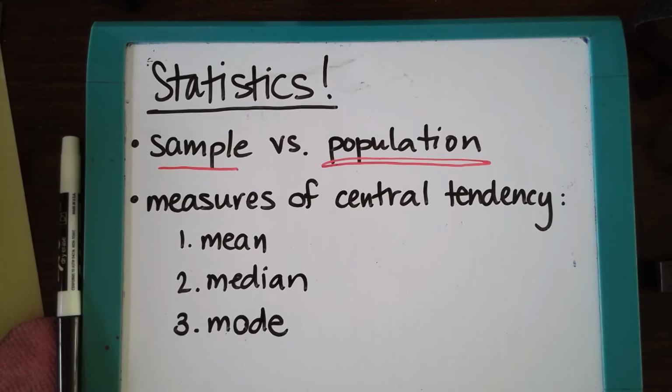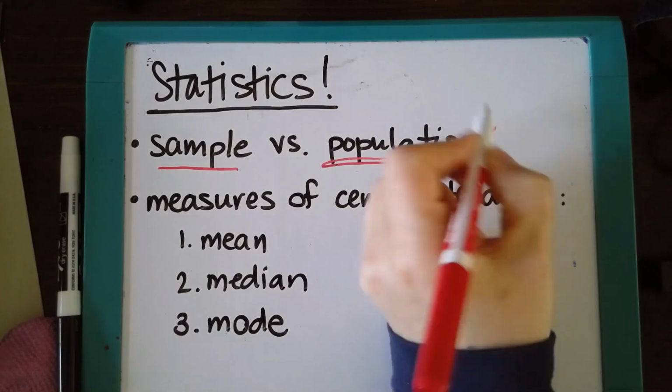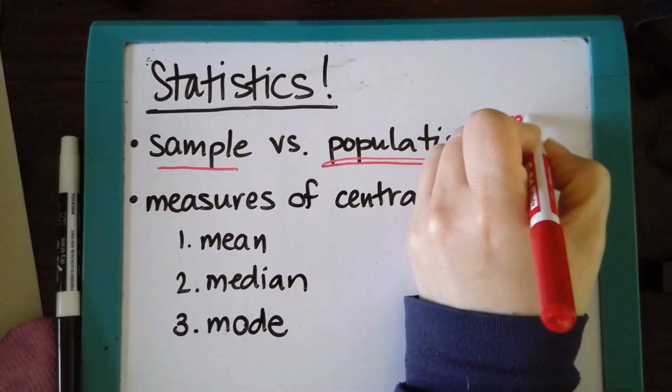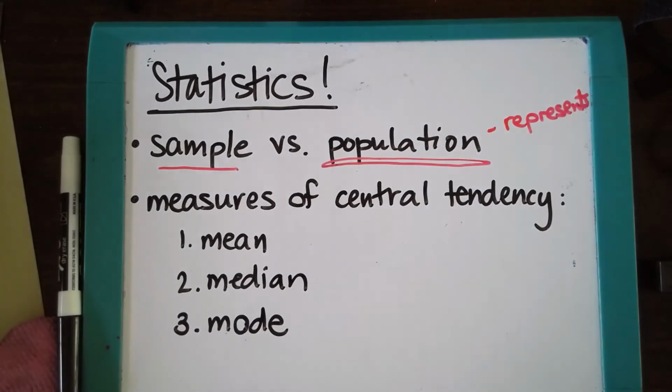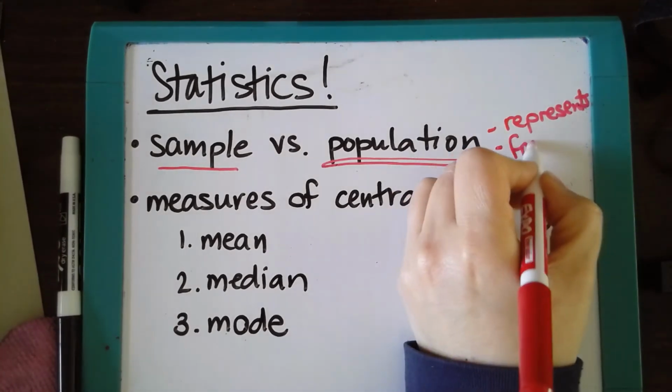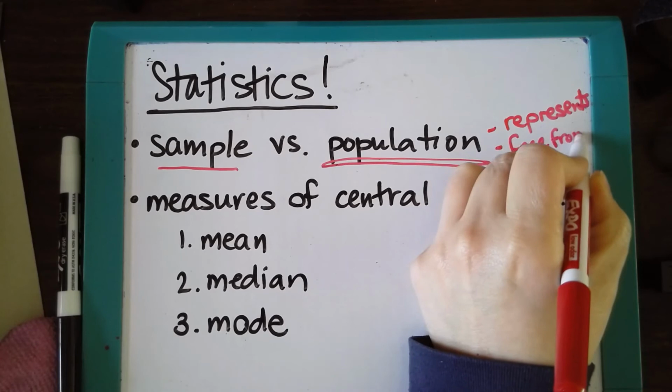Okay, and then from there, if it's not possible for you to gather data on every single element in that population, then you would do some really good math to determine what makes a good sample, and that would hopefully be representative. So your sample would be representative, and we want it to be free from bias.